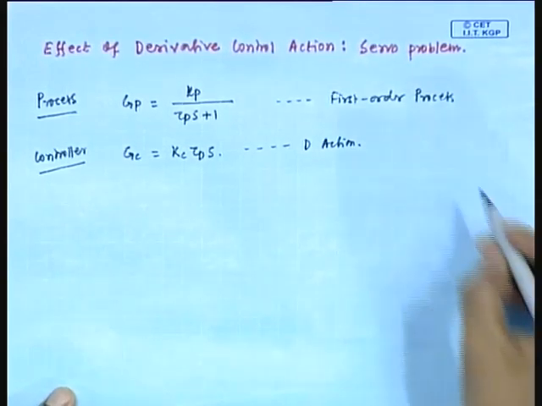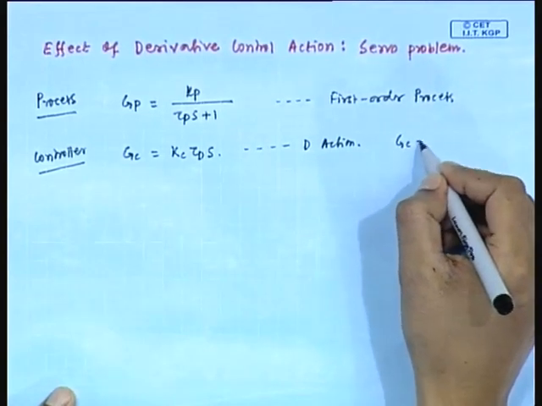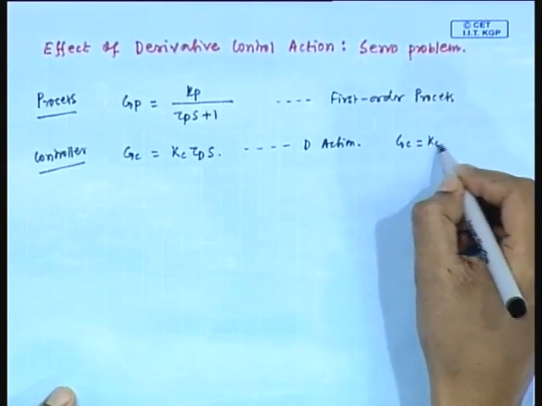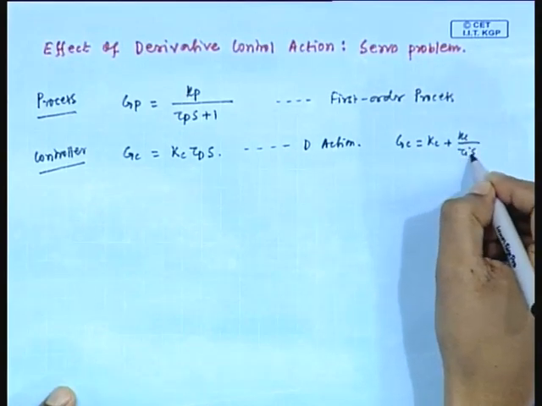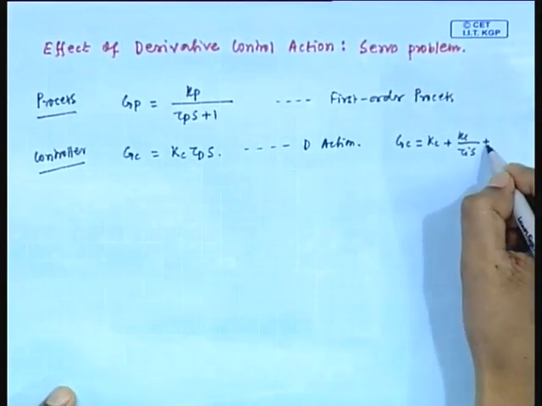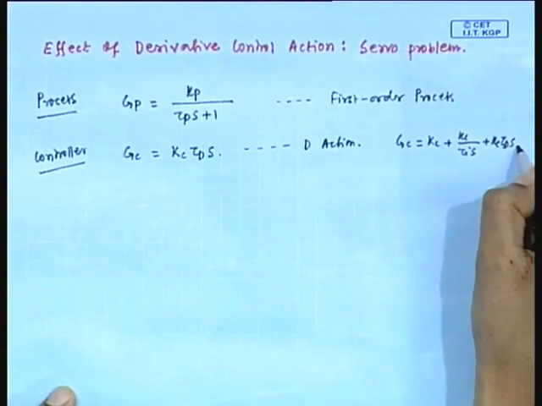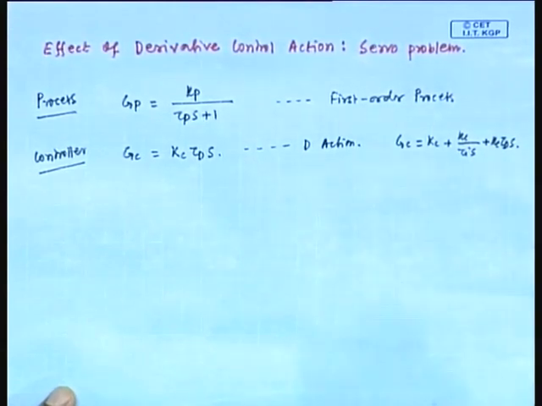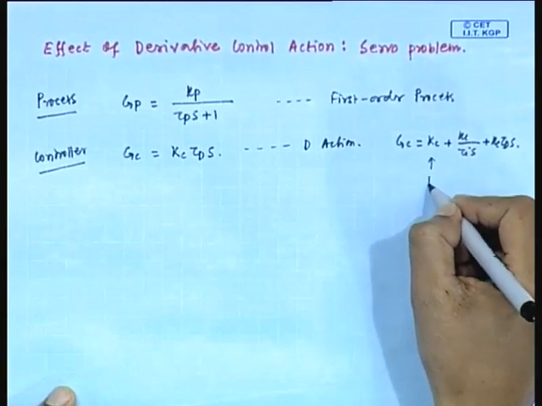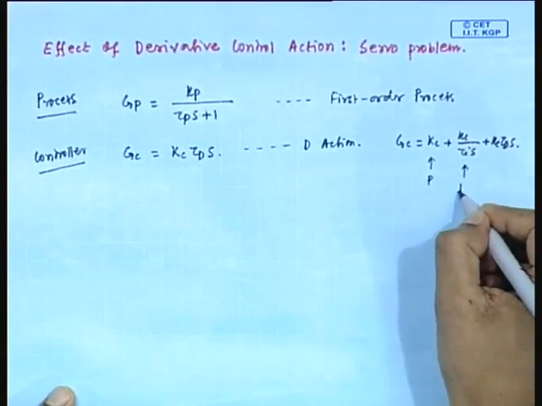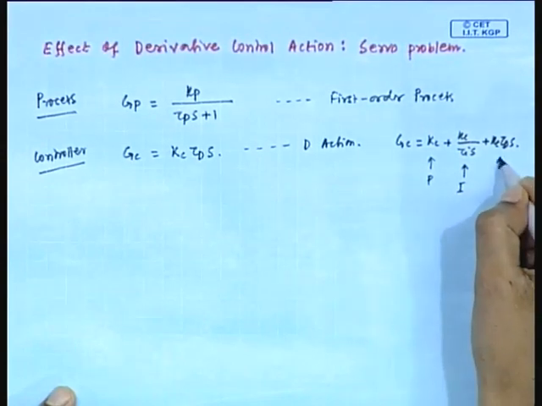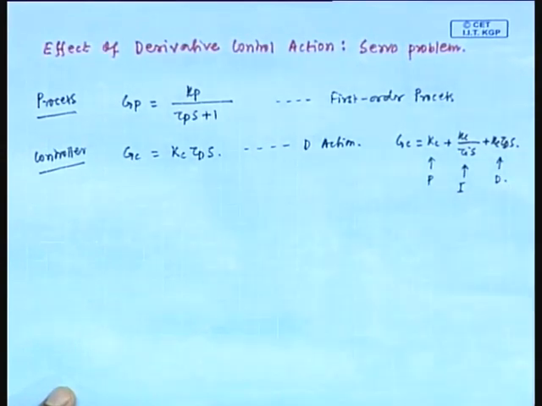Fine, because the transfer function of the PID controller we have written as Kc plus Kc divided by tau I s plus Kc tau d s. This is the transfer function of proportional action, this is the transfer function of integral action, and this is the transfer function of derivative action.